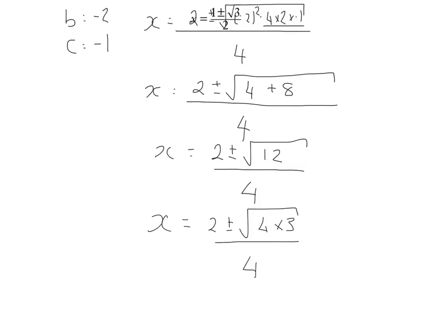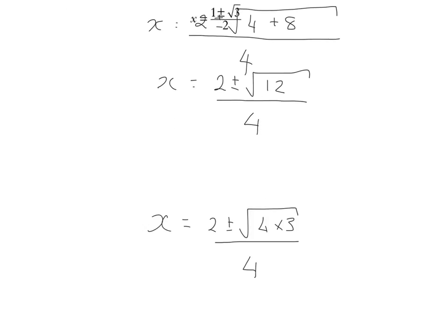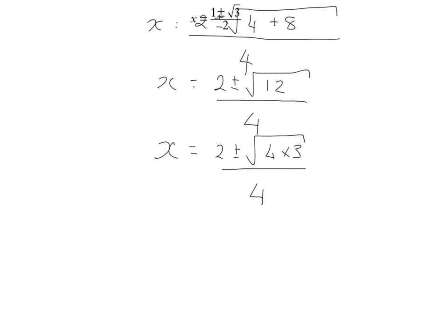over 4. So remember, for simplification of surds, I would make a list of all of my square numbers, and the biggest one that's a factor of 12 is 4. Bring the 4 out of the root sign, and that's 2 plus or minus 2 root 3 over 4.